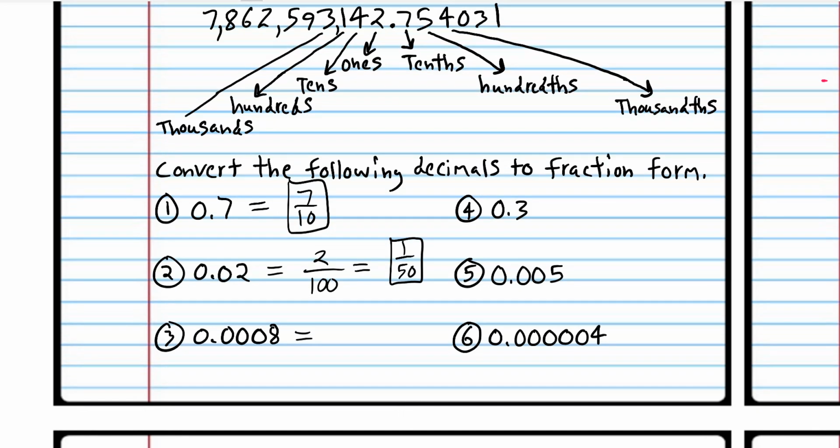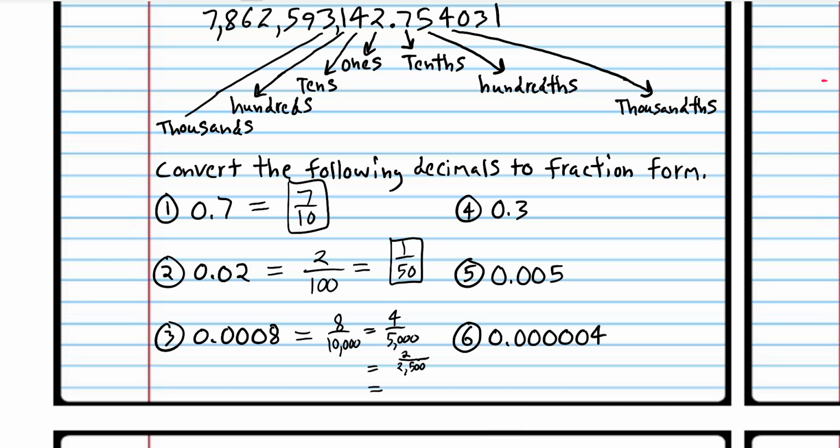And down here, the 8 is in the tenths, hundredths, thousandths, 10 thousandths. So it'd be 8 over 10,000. And if you divide both sides by 2, you get 4 over 5,000. And you divide both sides by 2 again, you get 2 over 2,500.